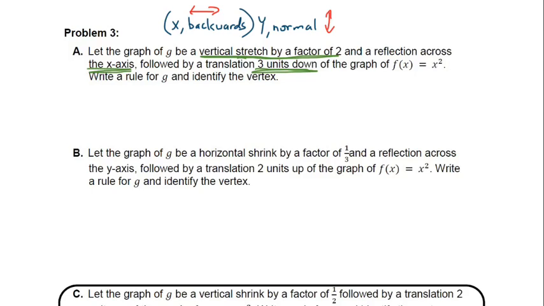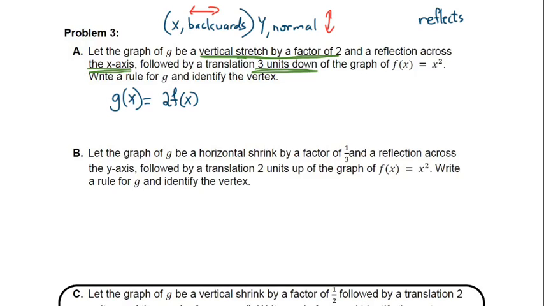So for my g of x, I'm going to take my original f of x. There's nothing on the inside, so I don't have to mess with that at all. To stretch by a factor of 2, you multiply by 2. To reflect across the x-axis, that means we multiply by a negative. Remember, reflects, this drives people crazy.